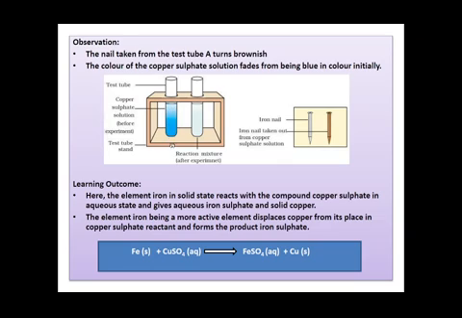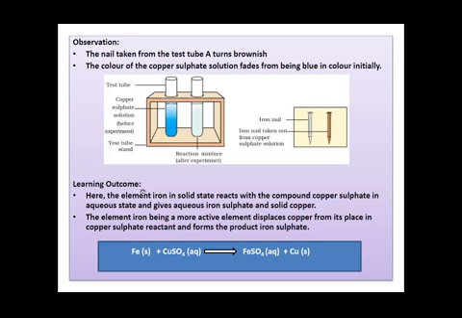In one, that is test tube B, there was copper sulfate solution before the experiment taken as it is, and in test tube A there was the copper sulfate solution and 2 iron nails were dipped in this particular solution. So you can clearly see the difference in the color of copper sulfate solution in both the test tubes. It is the original blue color, and while here it is slightly faded color.